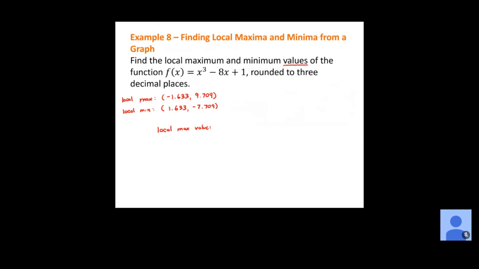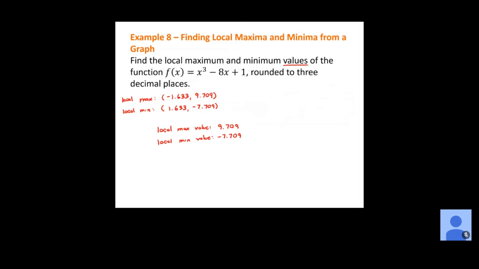So this is mostly for if you're doing problems in WebAssign and they only ask you for the min or max value. We only want to include the y value, and so that would be our answer. And then same thing with the local minimum value. We would only include the y value, and so that would be negative 7.709.